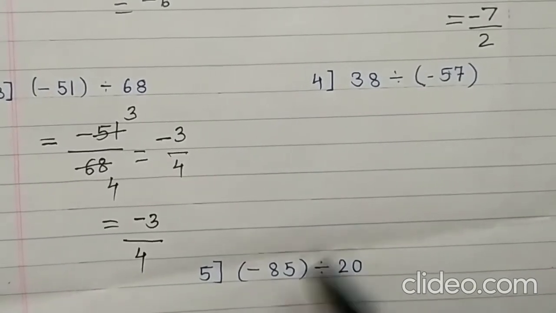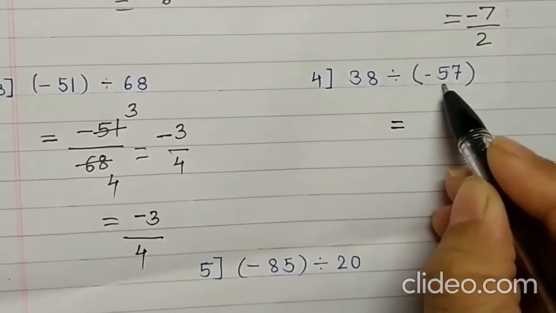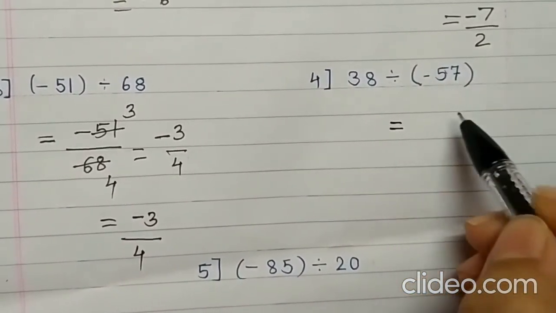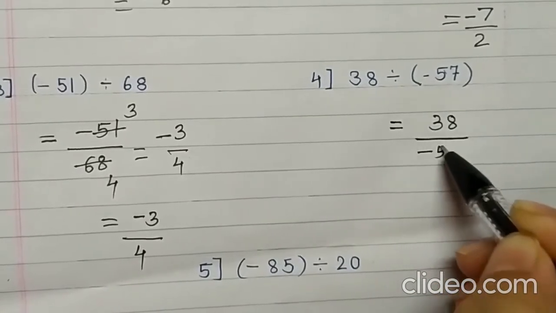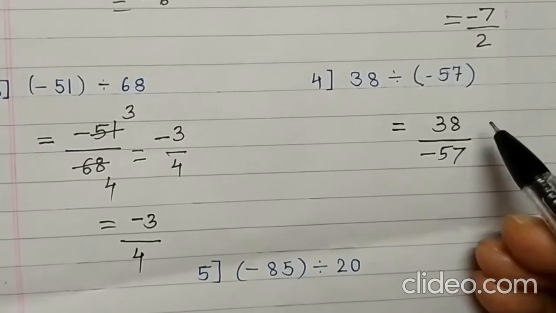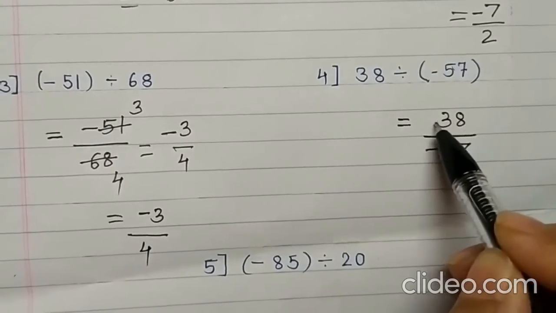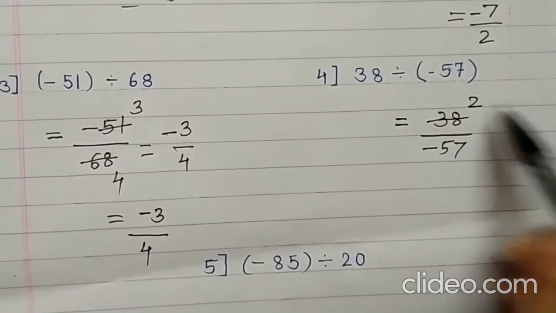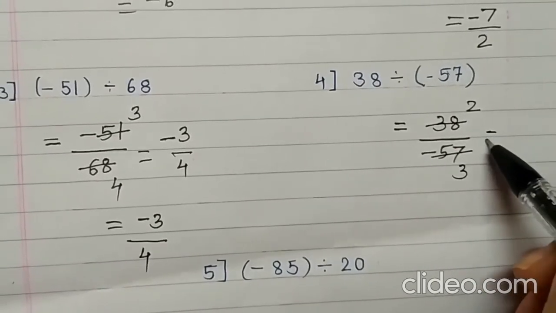Now next, 38 divided by minus 57. Both these numbers are in the 19 table. Am I right? 19 twos are 38 and 19 threes are 57.